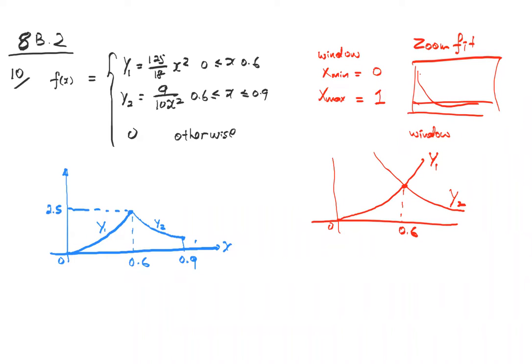Okay, I ask you, is this a valid probability density function? How are you going to prove that this is a valid probability density function? Suggest to me, how am I going to prove that?